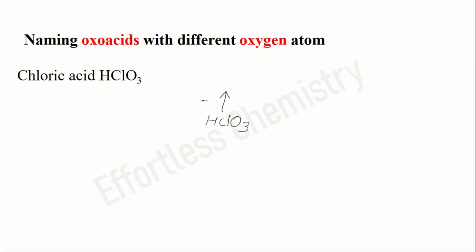Addition of one oxygen atom leads to this chemical formula, HClO4, with the prefix per: perchloric acid, and its anion, which is ClO4 minus, is named perchlorate.